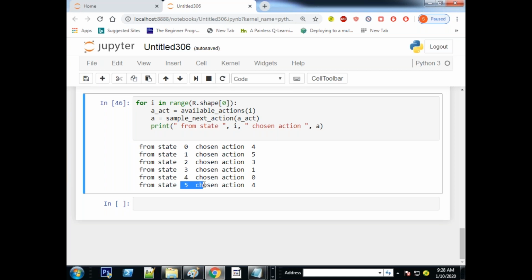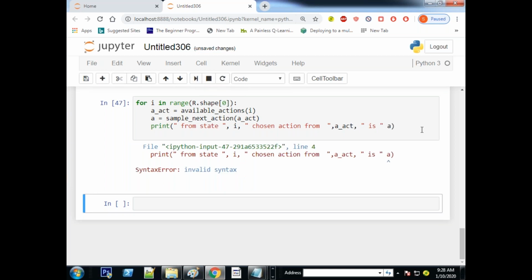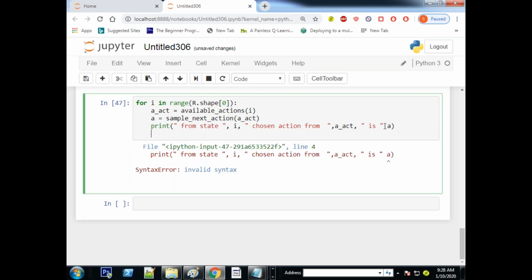If it is number 5, 1, 4, 5 possible, it selected number 4. Okay, on that way it will pick it. You just observe. Choose an action from A underscore activity is common list.